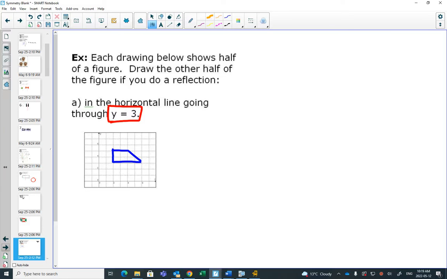I put a box around it in red. Y equals 3 is a horizontal line where every y coordinate is 3. So if you think on your y-axis where the number 3 would be, there we have the line y equals 3.